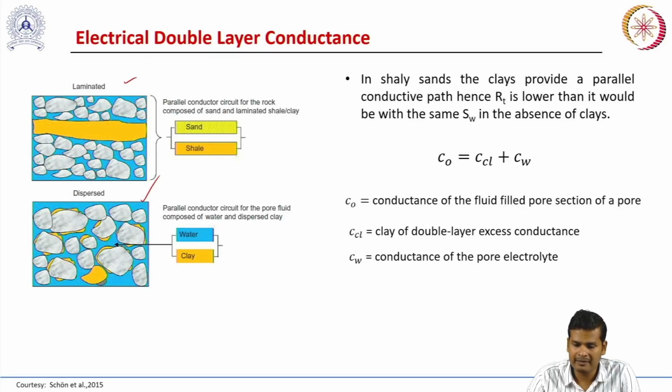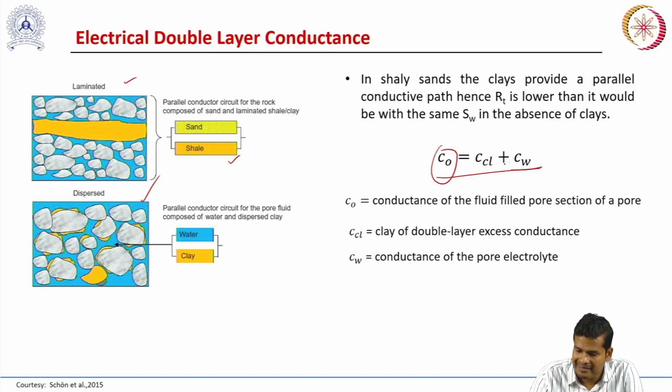That means we have a parallel connection between the current flow path offered by the sand and the one offered by the shale. So the overall conductance of the rock, Co, should be written as the water conductance, or the conductance offered by the pore fluid inside our pore spaces, plus the conductance offered by the clay material inside our reservoir rock.